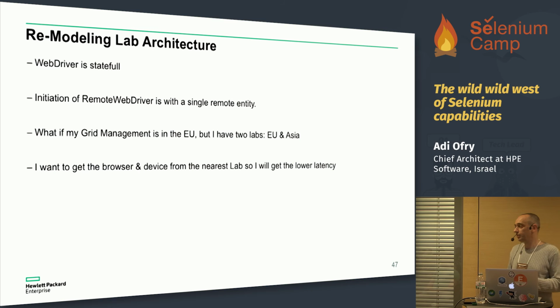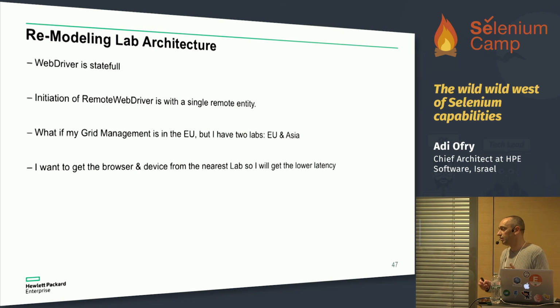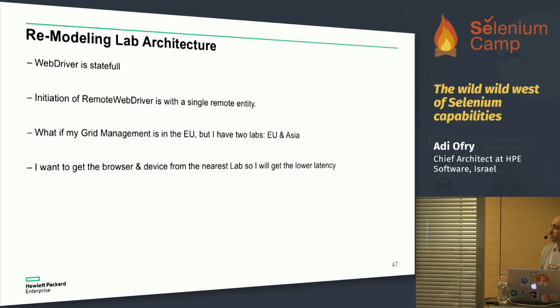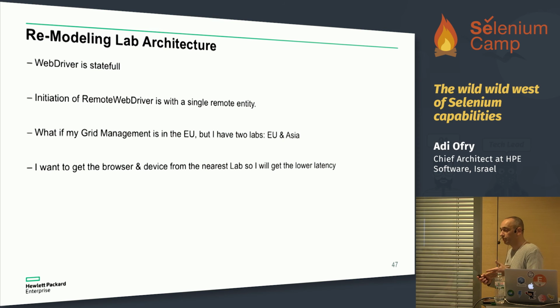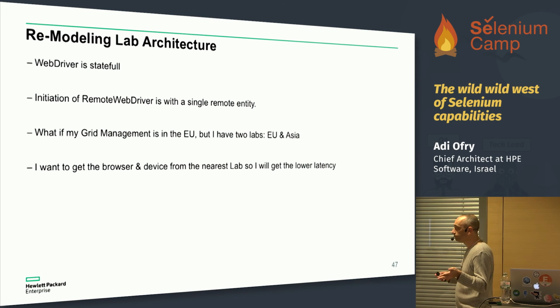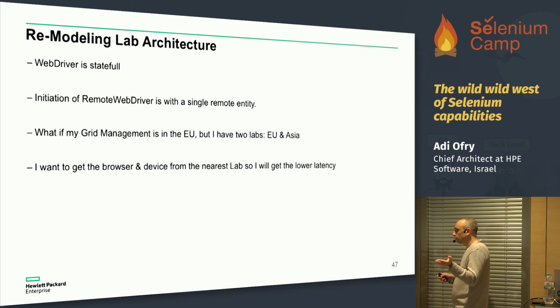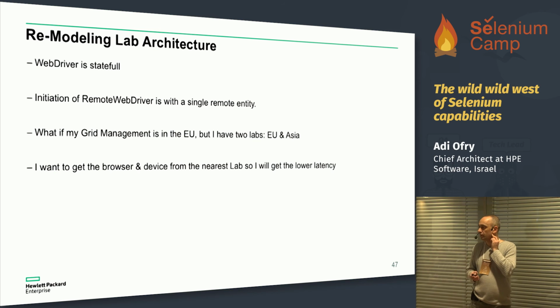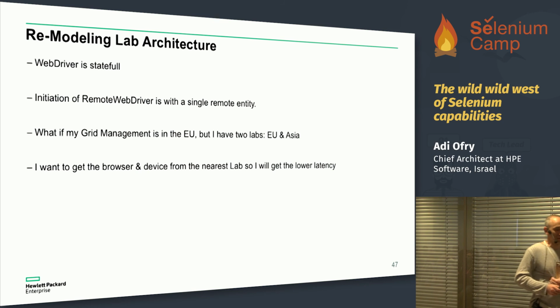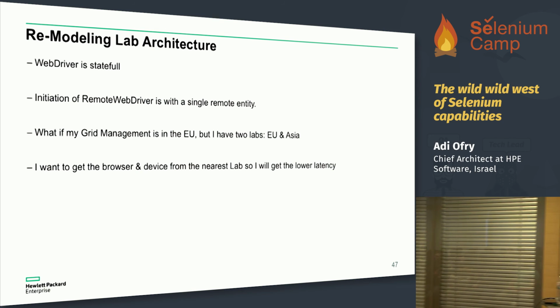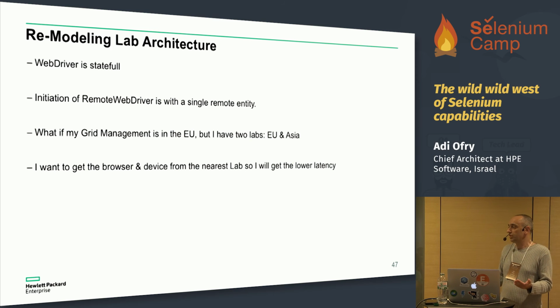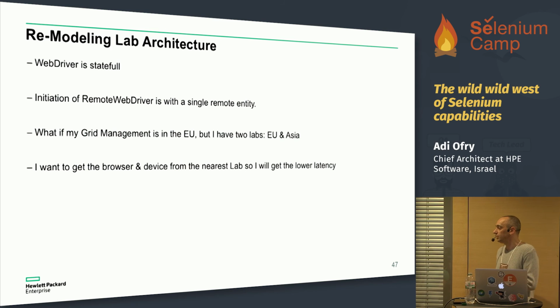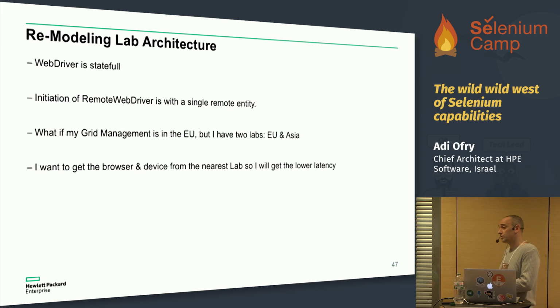But we had a lot of customers that have multiple data centers, right? They have a grid, for example, in the EU. They have a lab in the EU, but they also have a lab in Asia. They have testers in Asia, and they have mobiles in both labs. And the tester wants to get a browser or a mobile from somewhere close to him.